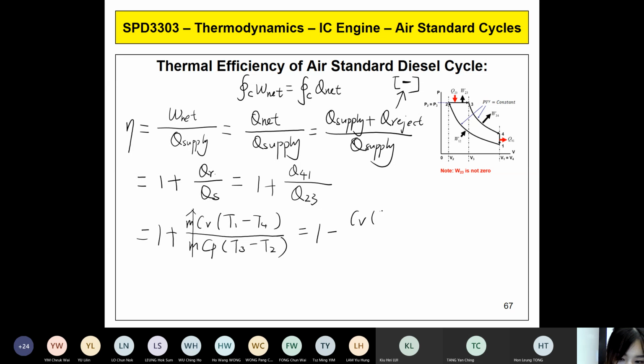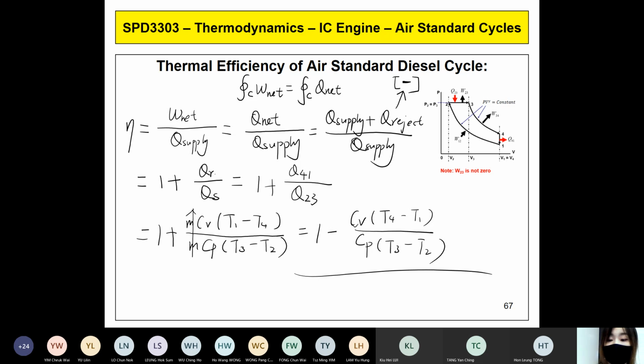We have... okay, done. Now, if you have the temperature at each point, you can solve everything. You can know the value of your thermal efficiency. That's the thermal efficiency for this air standard diesel cycle.